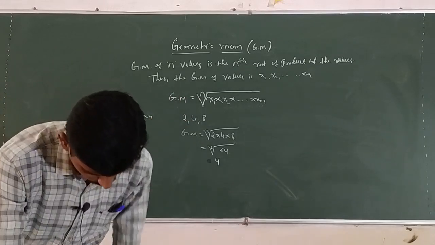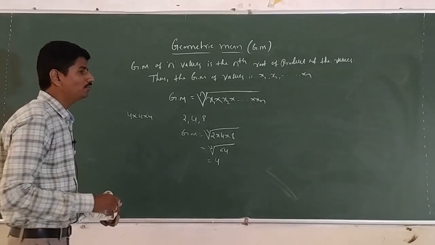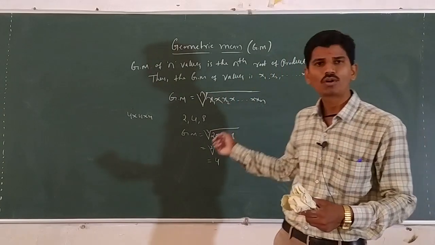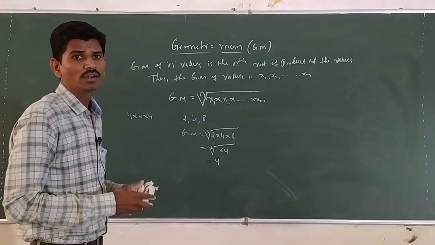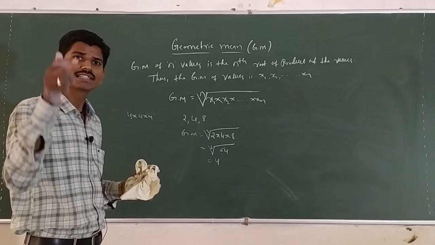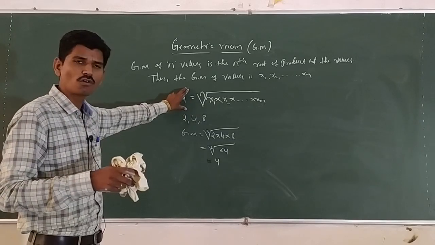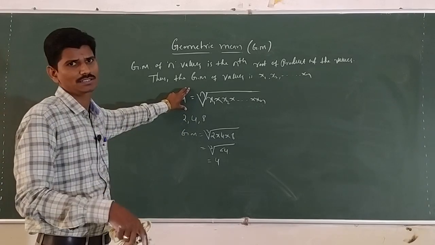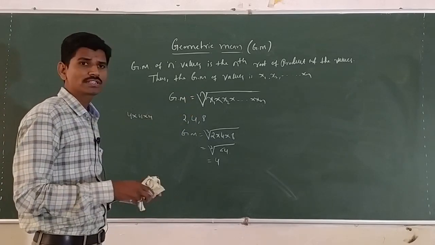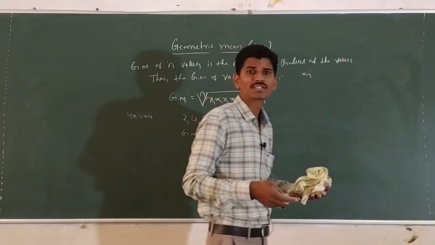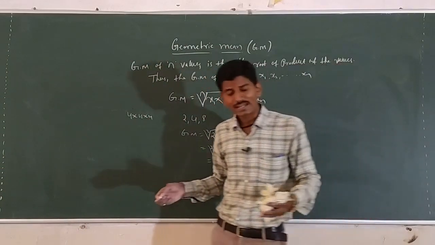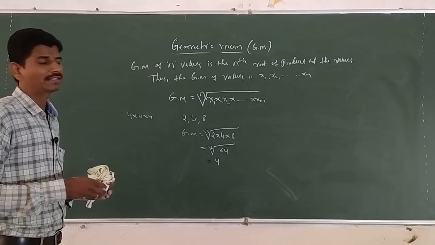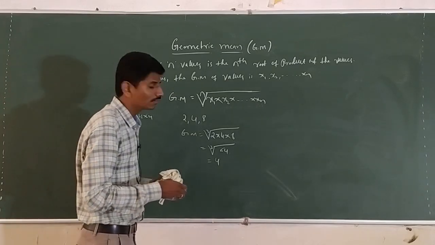The calculation of GM using the above formula is possible only if the number of observations is less. When the number of observations is more, then the calculation is done by using logarithms.